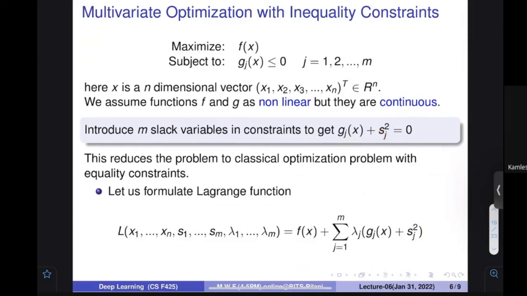Just make 100% sure that even if this value is negative, the square of this quantity is going to add something positive only. In this equation, this value should be less than this, and I want to make it 0. So something positive needs to be added here so that it becomes equal to 0. To make sure that only positive things are added, the technique says we have to apply this square.